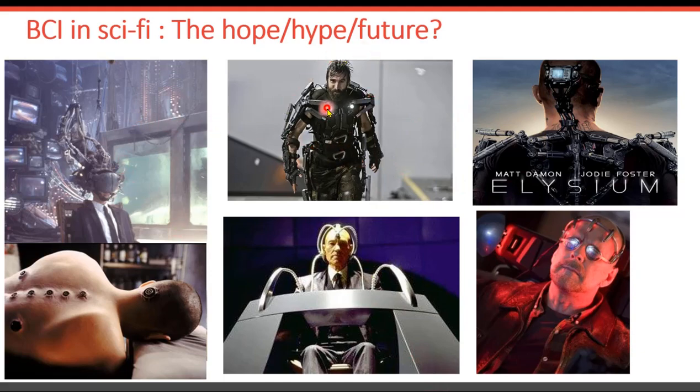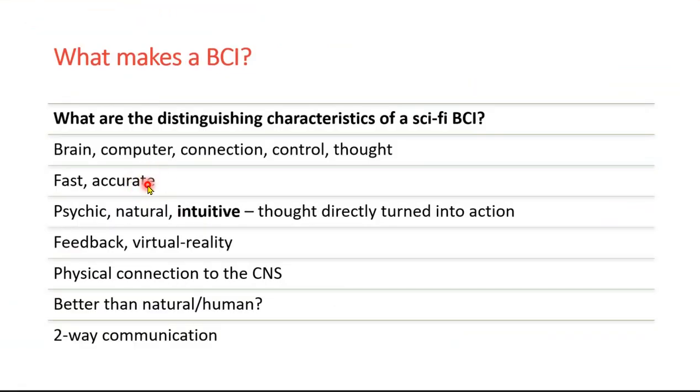Can we hope to have these kind of systems in the future, or is it just being hyped? Let's take a look at different components of the idealized BCI, brain-computer interface systems, in those Hollywood movies.